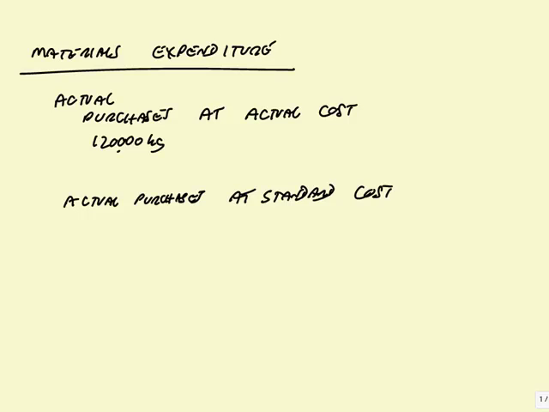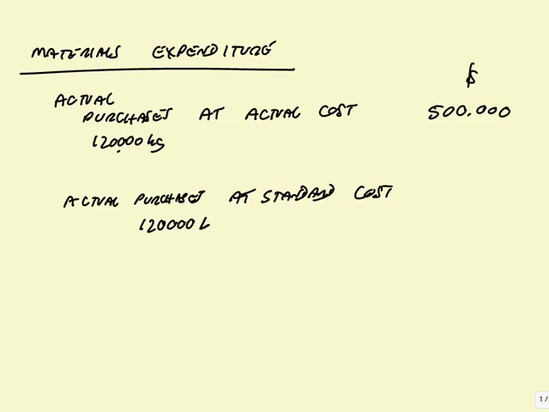And so here, we bought 120,000 kilos. How much did we actually spend? We paid $500,000. If I make a mistake, shout. If you lose a figure, shout. How much should we have paid at the correct price?